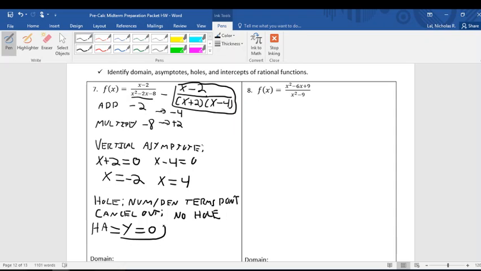And the reason why the horizontal asymptote is y equals 0 is that as x gets really big, the denominator will overpower the numerator.